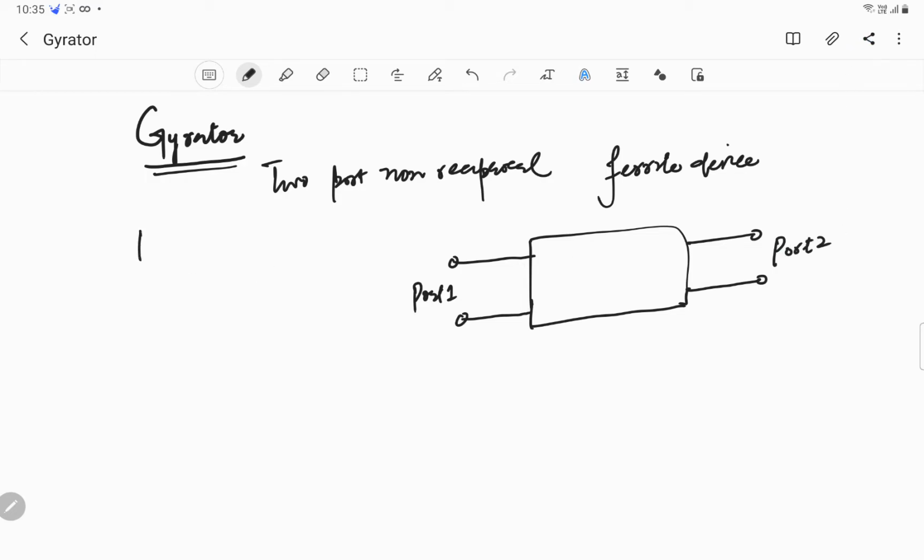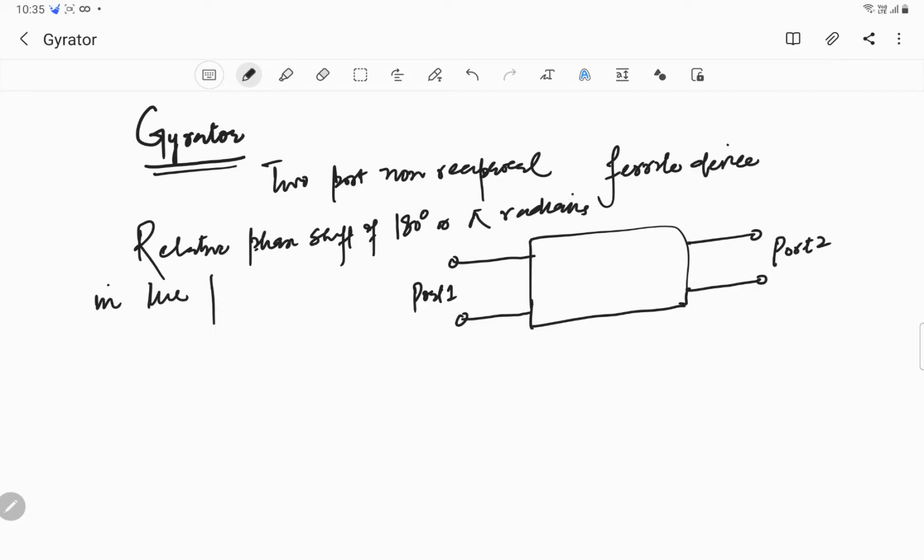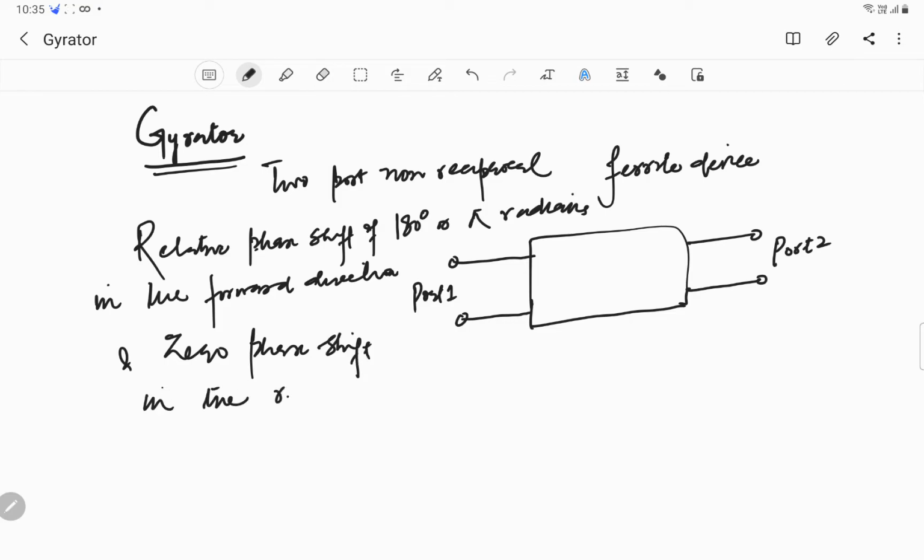So it has a relative phase shift of 180 degrees or pi radians in the forward direction, and zero phase shift in the reverse direction.